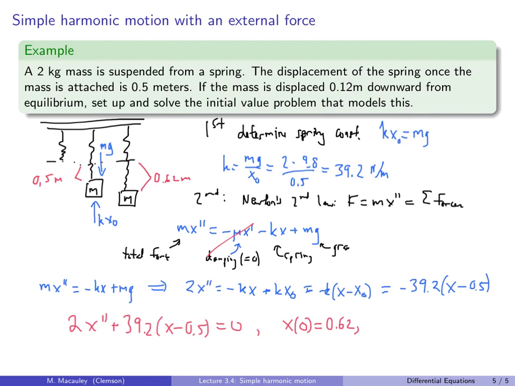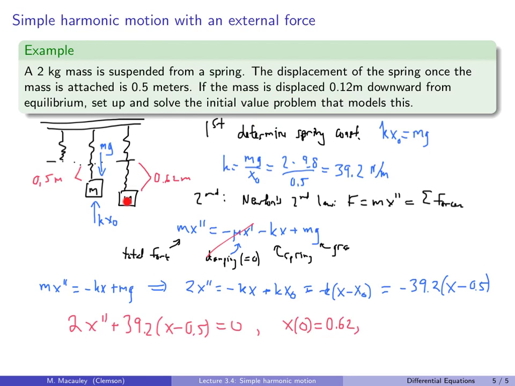Recall that we have a second order equation, and we want to solve it. We need two initial values. So the second one is less obvious, but the mass is displaced 0.12 meters downward, so we pull it down and then we let go.